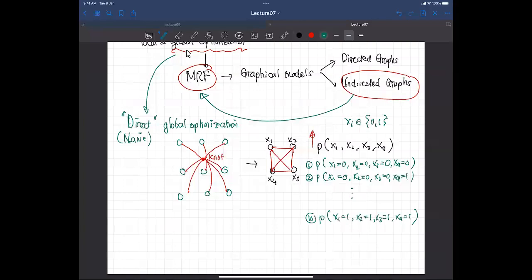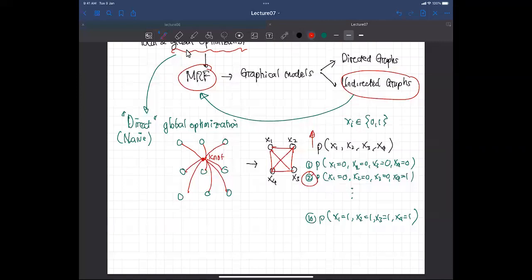So once we have all the possible combinations of this space, we can compare and choose the highest one. For example, if the probability of number 2 is the highest, then we know that x1 equals 0, x2 equals 0, x3 equals 0, and x4 equals 1. And that's the optimum values for this graph.